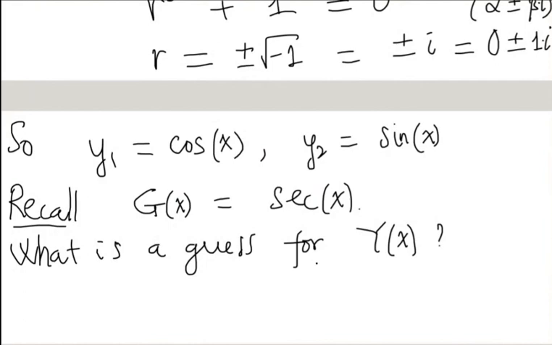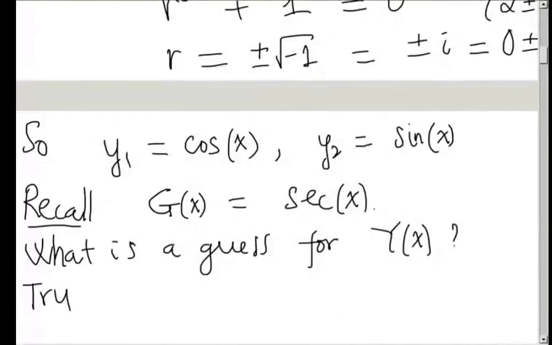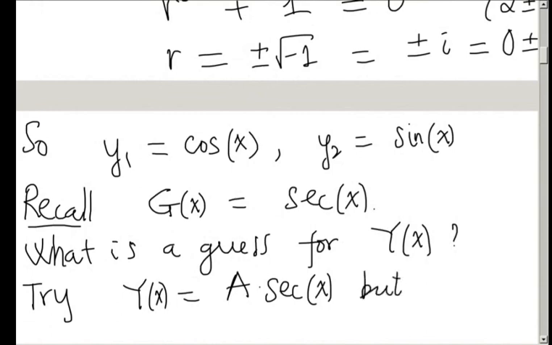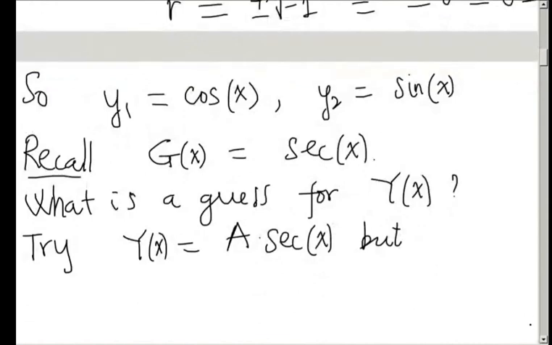There we saw sine and cosine, then we guessed capital Y to be A times sine plus B times cosine. But here it is secant. You may think of trying capital Y of x equal to A secant x, but it turns out this guess will not work.